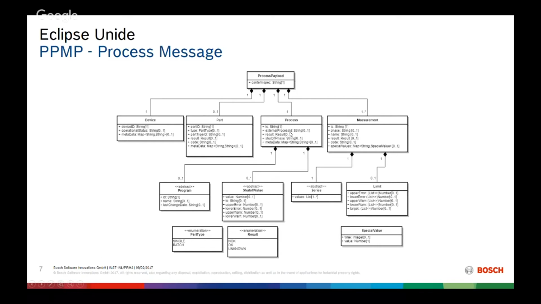This could be interesting when you have a lot of measurements during the process, and maybe these are too many measurements for one process message. Then you can split it up here and can identify all the measurements which come to the system by the external process ID. If you have two messages with one external process ID, then they are combined together.